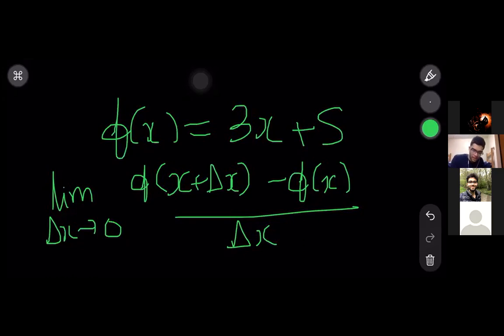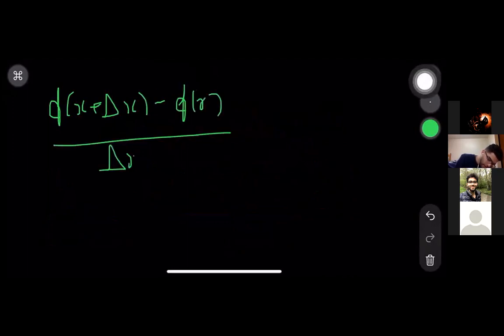Okay, so let's try to solve this. We'll do something very simple. When we have f of x plus delta x minus f of x divided by delta x, so what is f of x plus delta x? Because our f of x was 3x plus 5.